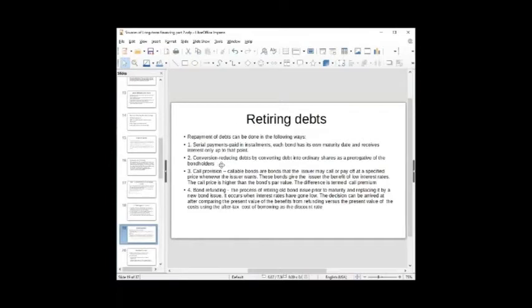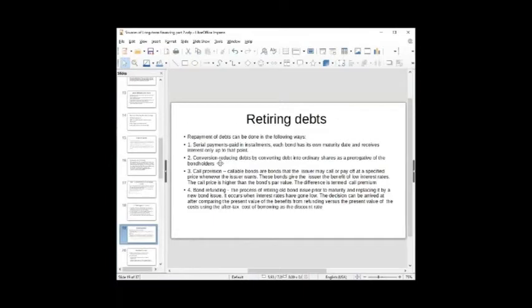So instead of getting the money from the company for this bond, the bondholder will not get the money. Instead, he uses that money in buying ordinary shares of the company.